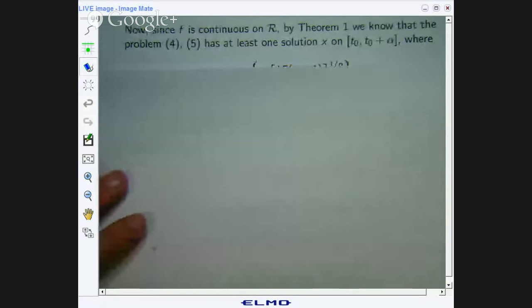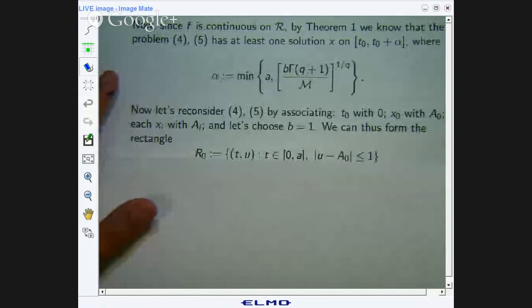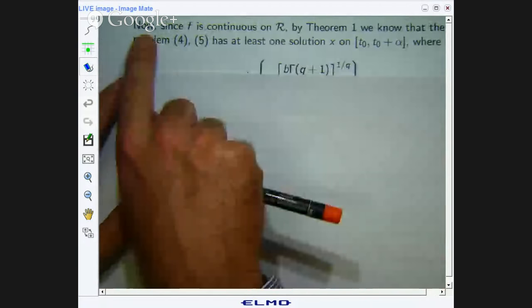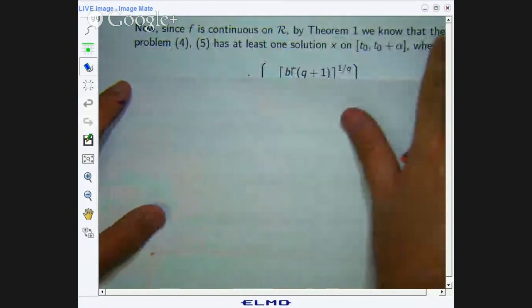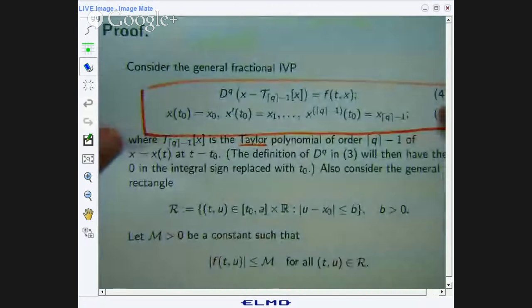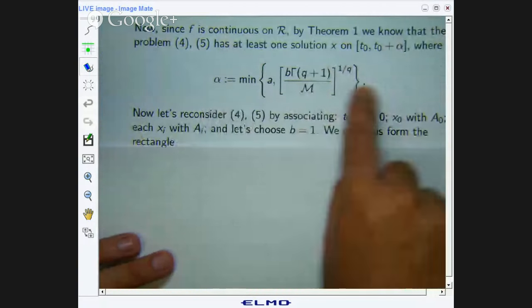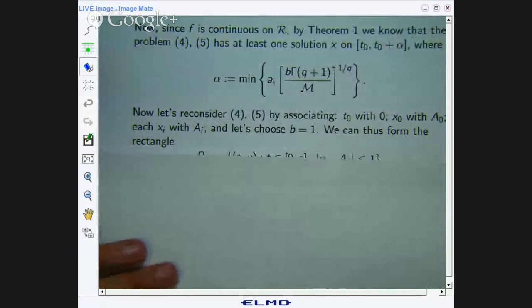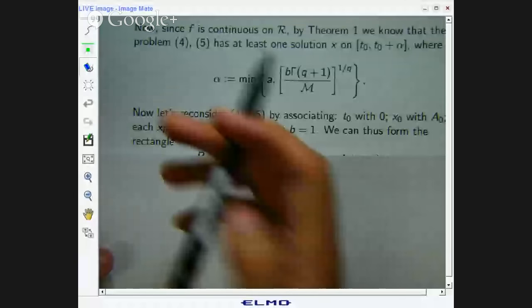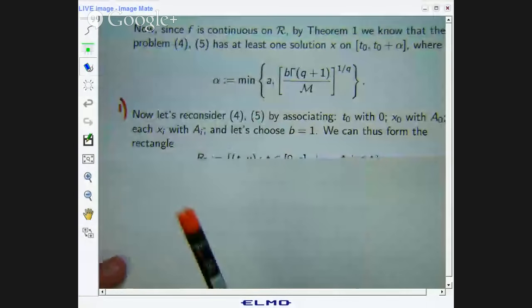Now, since f is continuous on R, by Theorem 1 we know that the problem 4, 5 has at least one solution on this interval, where alpha is defined to be this. That's just applying Theorem 1. Now we can start doing the systematic application on each little sequence. This is like step 1, if you like.